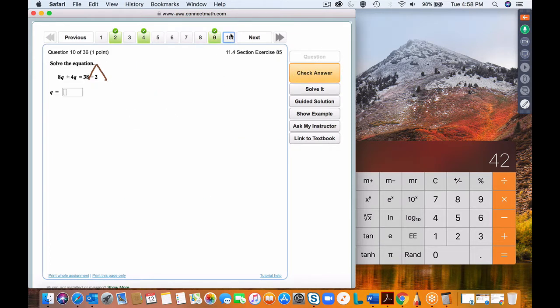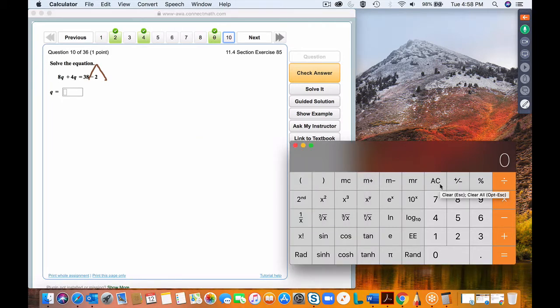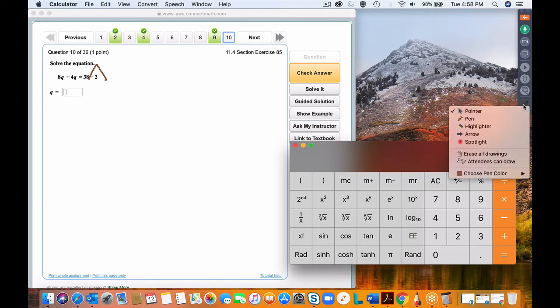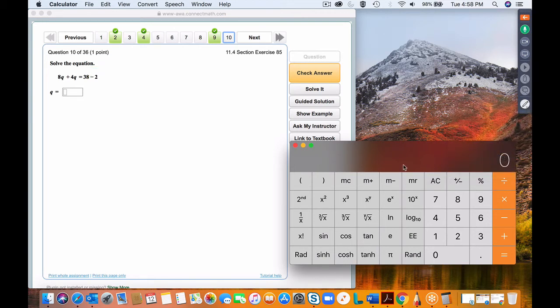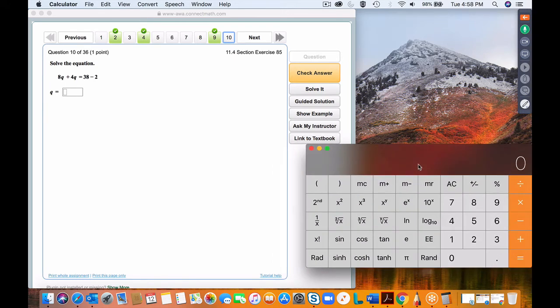Number 10. If this problem is with an equation, just remember, add first. So 8 plus 4 is 12 on the left.